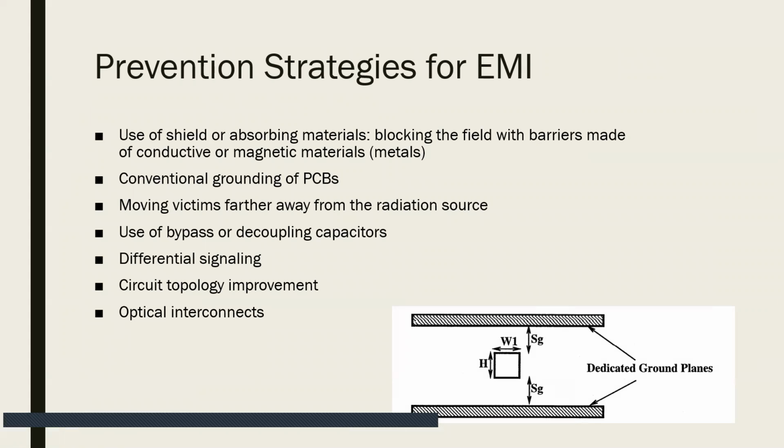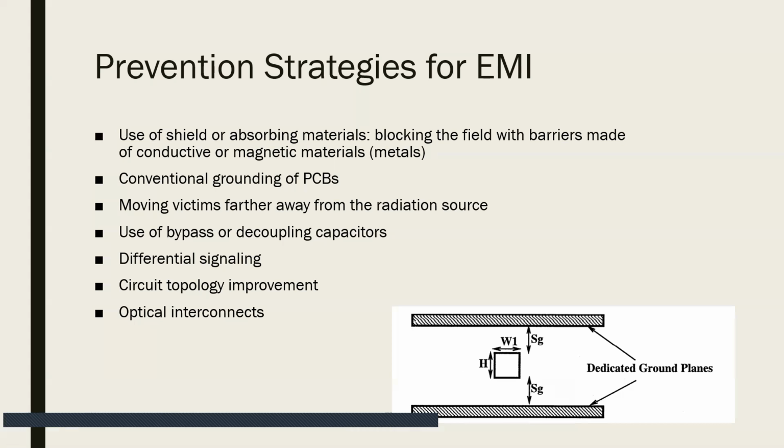The idea is to block the field with barriers made of conductive or magnetic materials. The second method is conventional grounding of PCBs. We can take a look at the plot on the bottom right. The dedicated ground planes are placed so that the wires are isolated from the rest of the circuit.